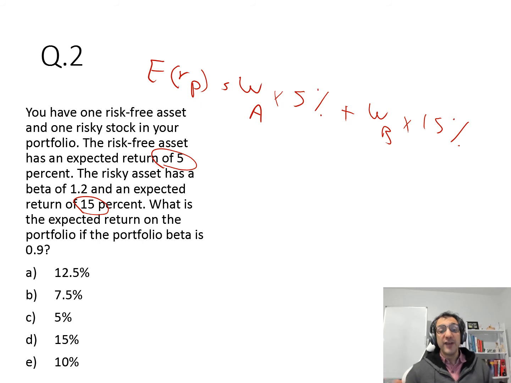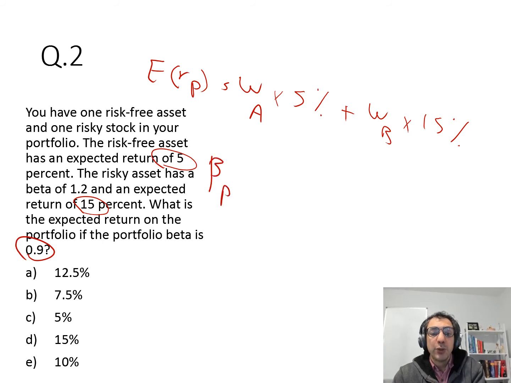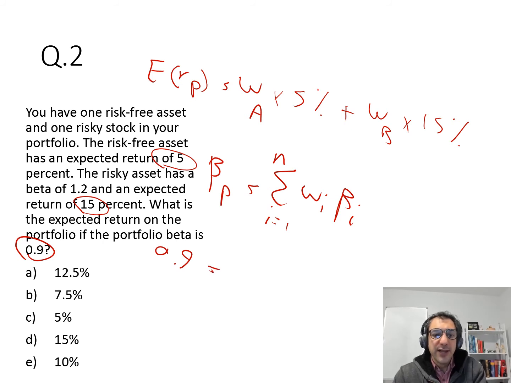So we need to have the weights for assets A and B, which are not given. However, we know the portfolio's beta is 0.9, and we also learned that the portfolio's beta is the weighted average of individual assets' betas. So in this case, I can say that 0.9, the portfolio's beta, should be the weight of asset A, which is the risk-free asset.